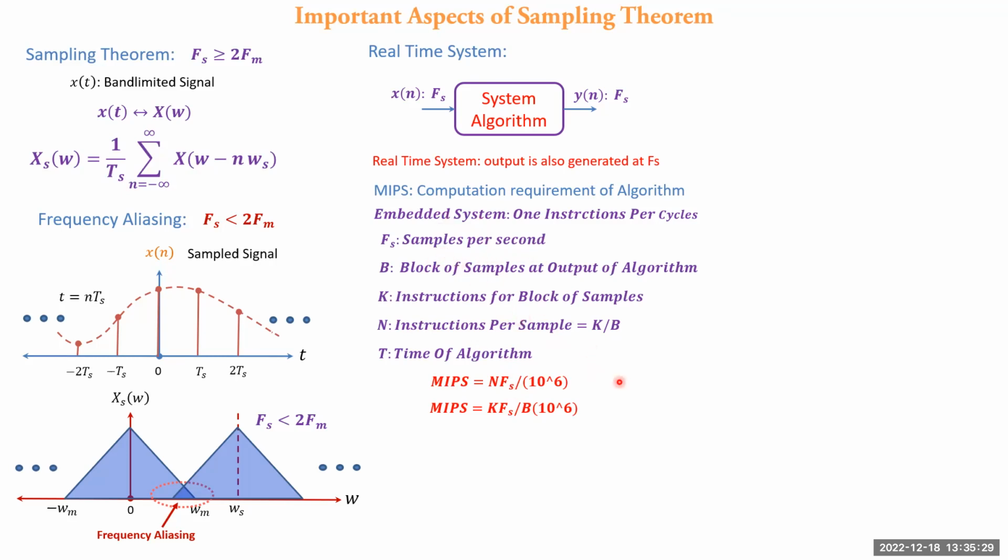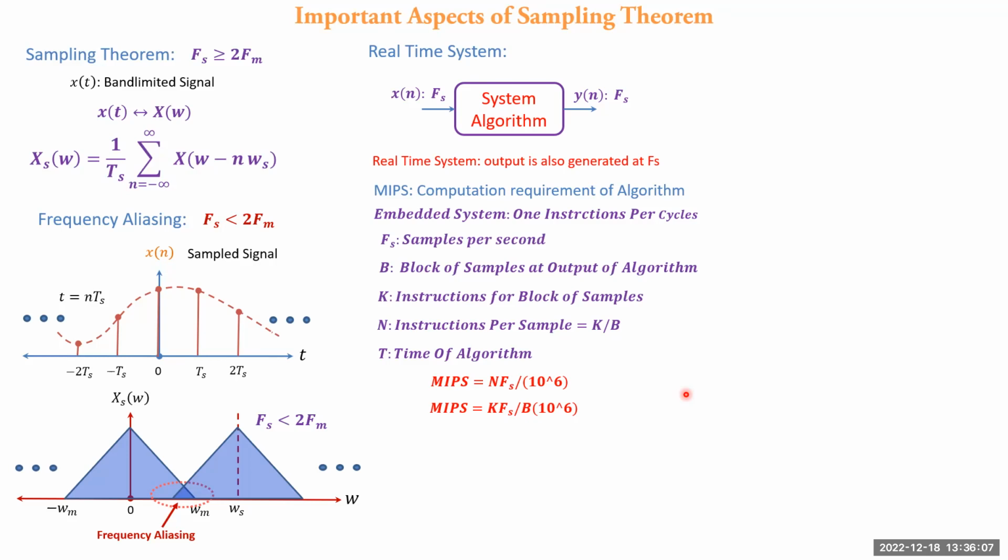So samples will get cancelled and you'll get instructions per second divided by 10 raised to 6, which gives the million instructions per second, where n can be substituted as K by B. So this is the formulation for computing the MIPS requirement of your algorithm, and it shows that it depends on your fs. As your sampling frequency increases, your MIPS requirement, that is the compute power requirement of an algorithm, also increases, which is quite obvious.